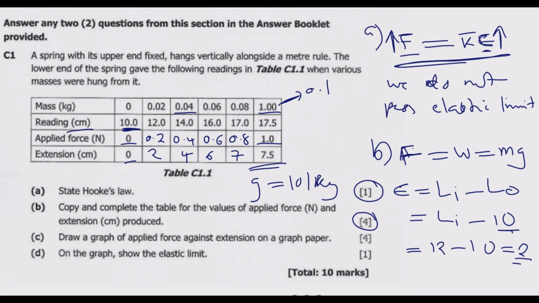Then we go to C: draw a graph of applied force against extension on graph paper. So applied force will be y, then extension will be x. Remember, the first one mentioned is the y axis. Once we do that, we can go to the graph paper and plot this information.